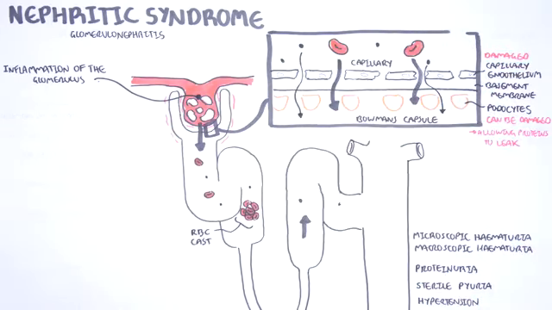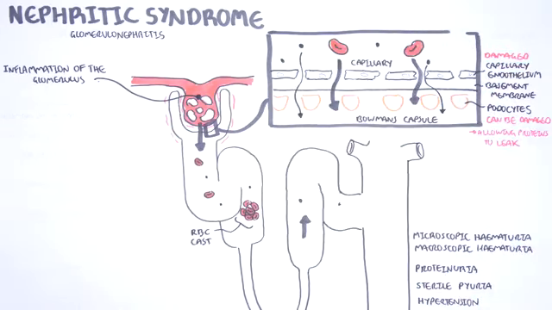Different causes of glomerulonephritis, and what I mean is specifically nephritic syndrome, include rapidly progressive glomerulonephritis, anti-glomerular basement membrane antibody disease, also known as Goodpasture syndrome, ANCA-associated glomerulonephritis or vasculitis, immune complex-mediated glomerulonephritis, which includes IgA nephropathy, post-streptococcal glomerulonephritis, and lupus nephritis. And finally, another cause is membranoproliferative glomerulonephritis.